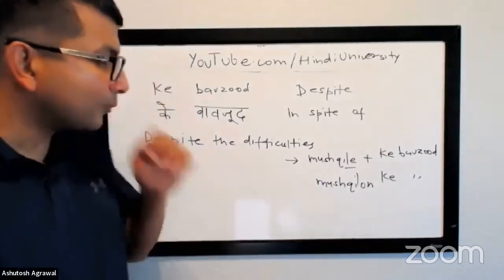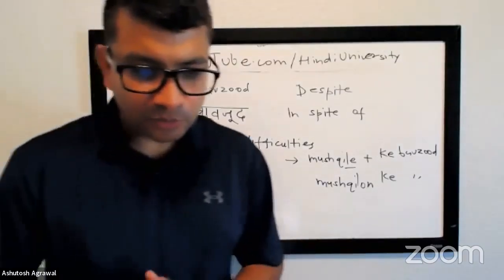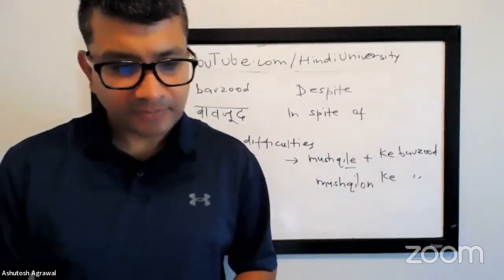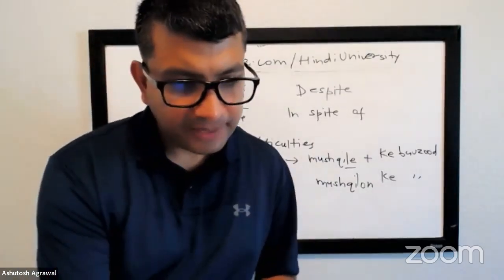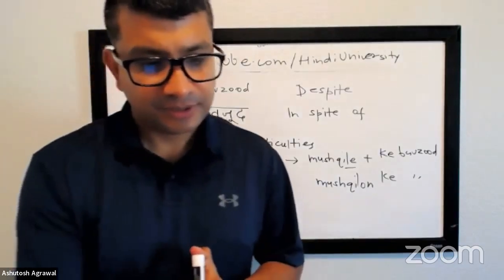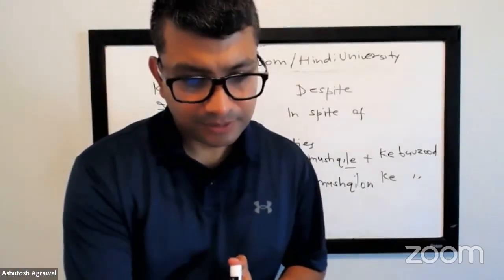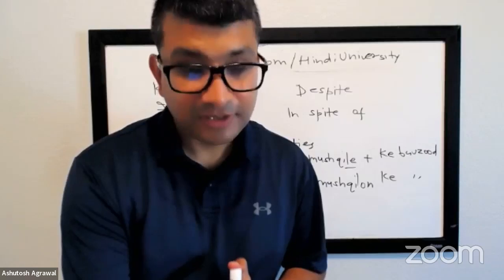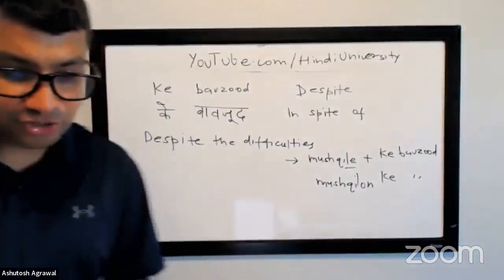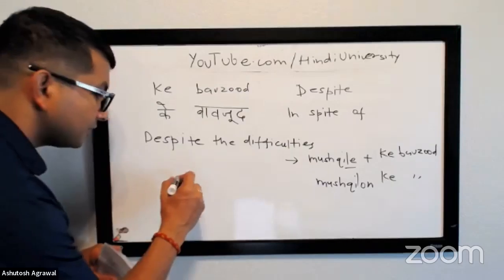I'm not going to write it. I'm going to make it easy so that way you guys think more. Despite these challenges, चुनौतियों के बावजूद. Very good, right? So the challenges is chunauti.